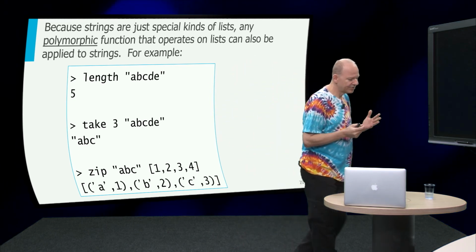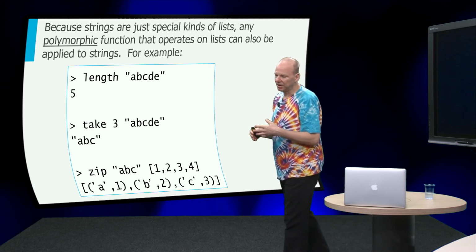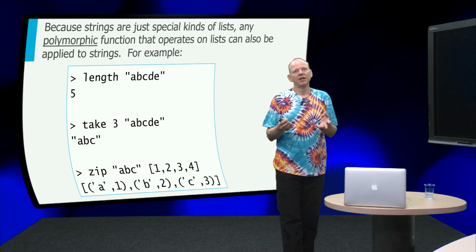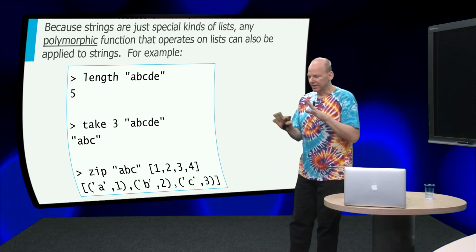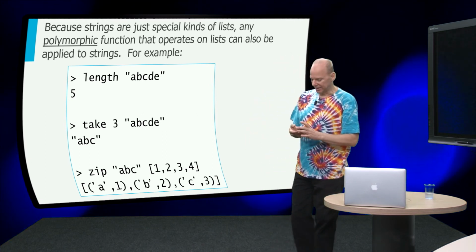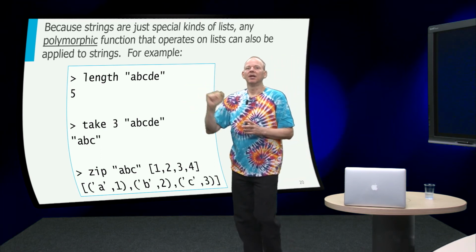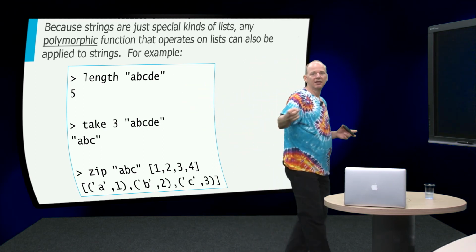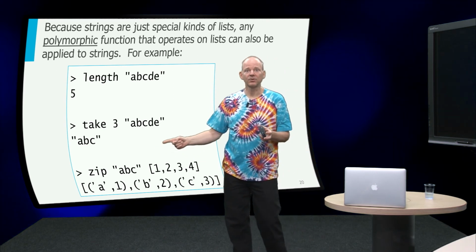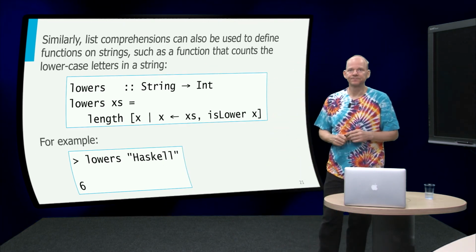And many other languages also have strings implement iterable or enumerator, so you can do the same thing. But in Haskell, really, there is no special type for strings. It's defined as a list of characters, and the only thing is that there's a special literal syntax, just like the syntax for lists really, as we have seen, means 1 cons 2 cons 3 cons 4 cons the empty list.